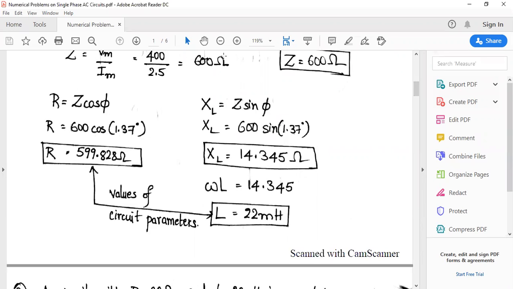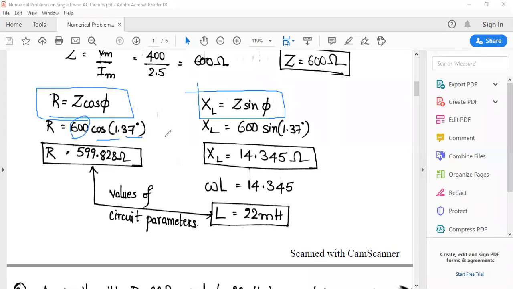So R is given by Z cos phi and XL is given as Z sin phi. So R, Z is 600, cos of 1.37 degrees, you'll get R as 599.828. You can write it as 600 also.